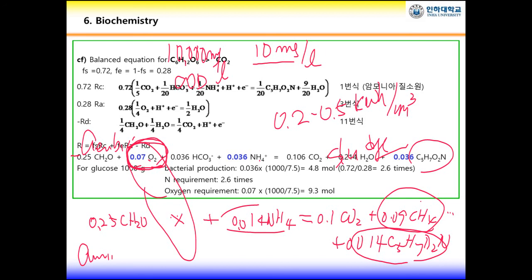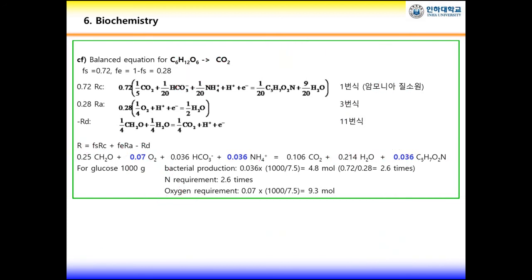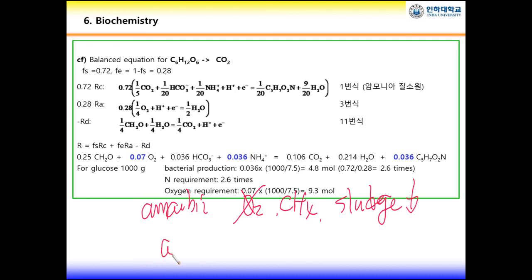So in the anaerobic process, you don't have to add oxygen, you produce methane, and you have less sludge production. That's compared to the aerobic case.